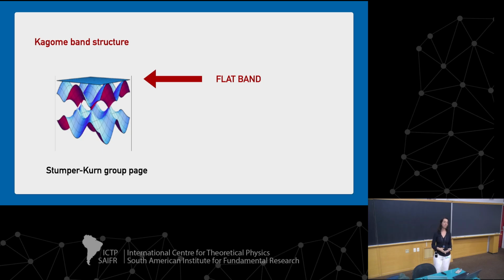But on top of that, if we look at the band structure of the Kagome lattice, it has 2 bands, and on top of these 2 bands, a flat band. So a flat band is a band with no dispersion. It's flat. That's why it's called a flat band. And what happens is also it's very degenerate.